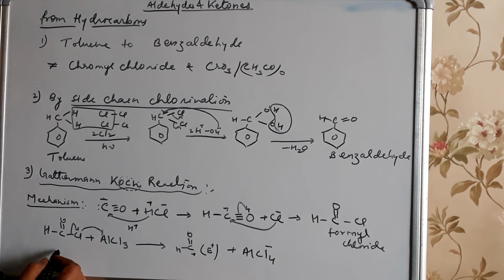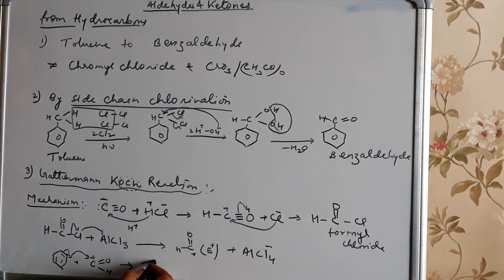What happens when benzene is treated with electrophile, electrophilic substitution? We know that this electron will come here, this is the electron rich position, and the electrophile attaches at this position.